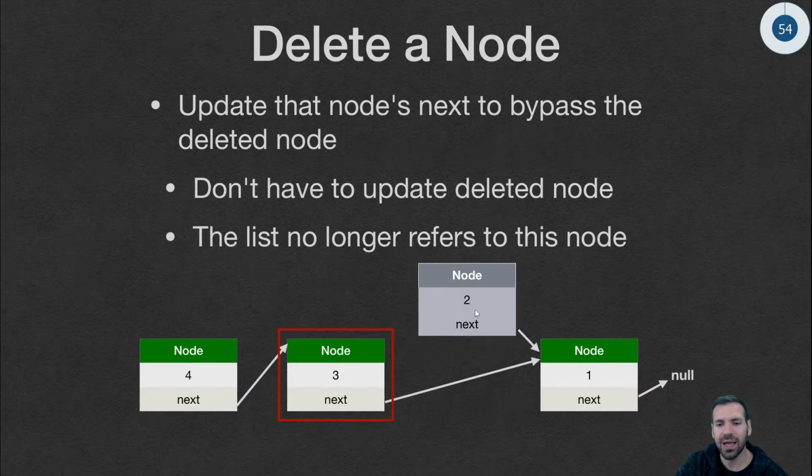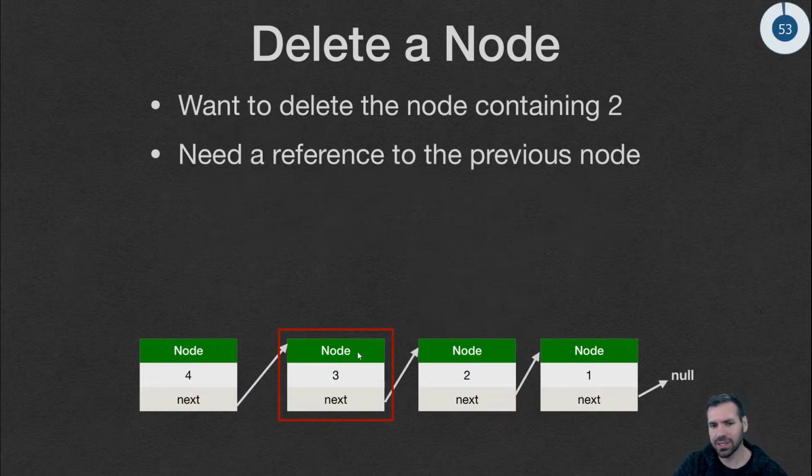So to cut that node out of the list, we're going to say this node that comes before it, its next is now equal to its next. So before, the list looks like this. If we do node, say we have a variable named node that has a reference to this node, we do node.next equals node.next.